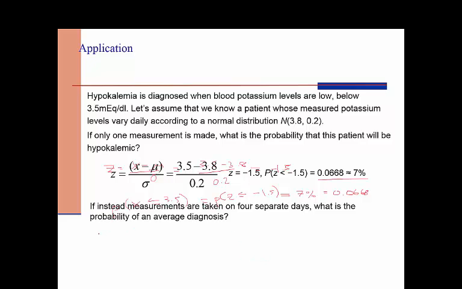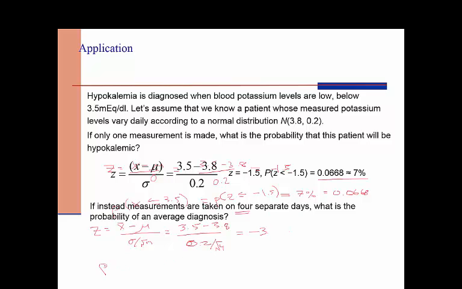Now instead, if you're going to talk about the average, the z computation will be a little bit different. It's x bar minus mu over sigma over square root of n. That's 3.5 minus 3.8 divided by 0.2 over square root of 4. 4 days is what we're talking about here. If you compute that out, you get a z of -3.